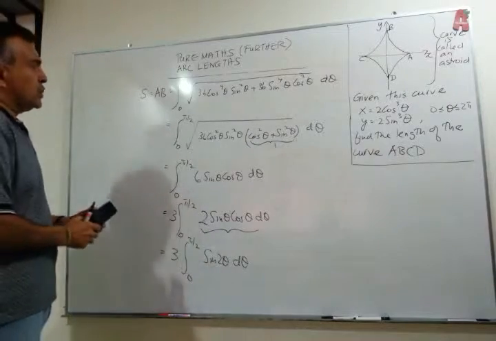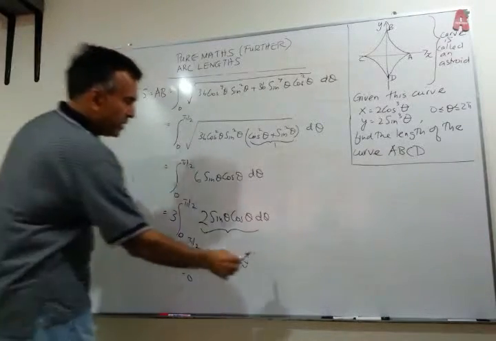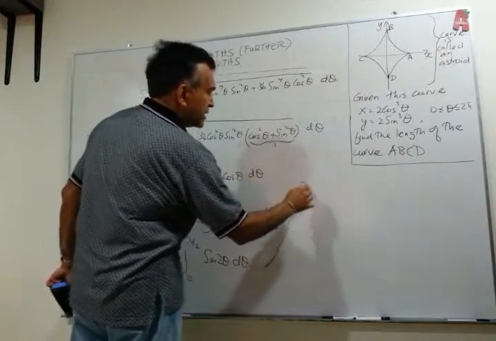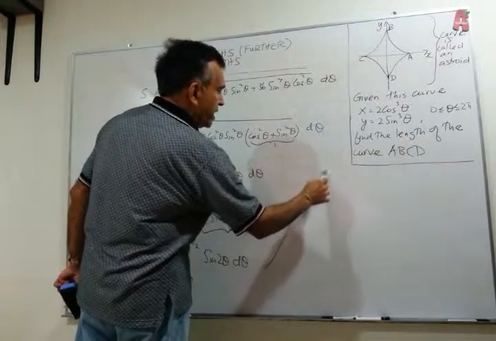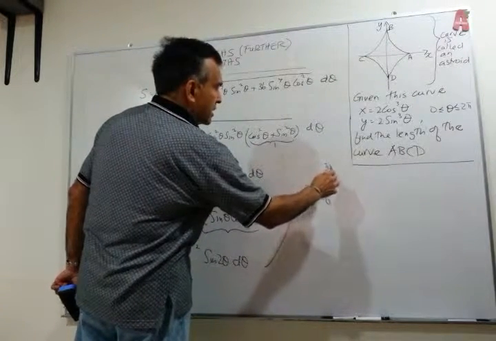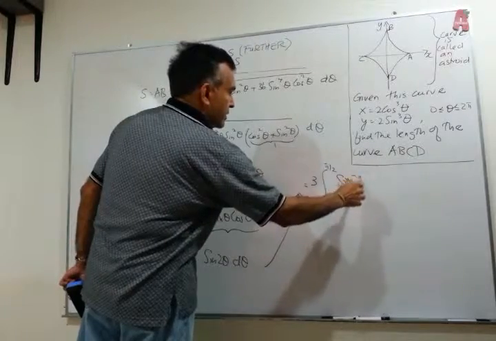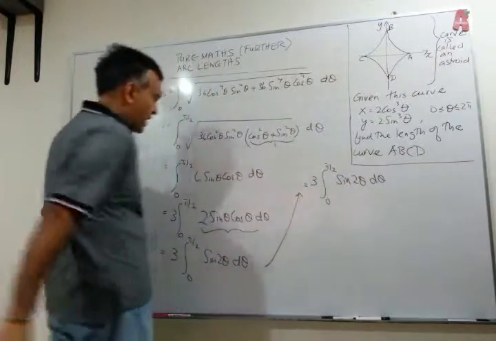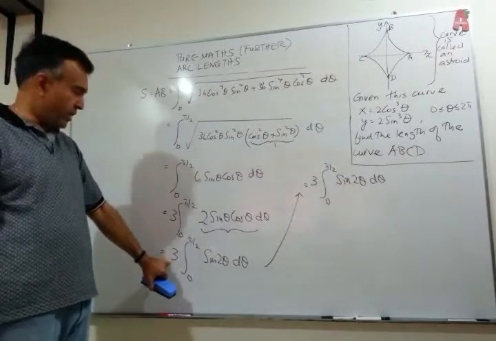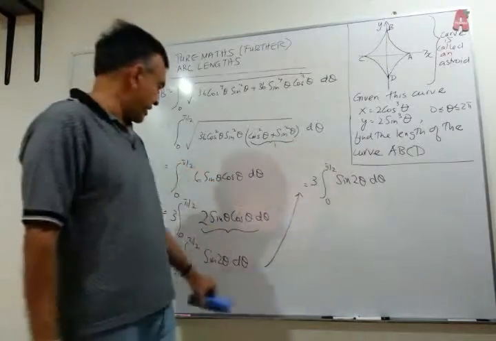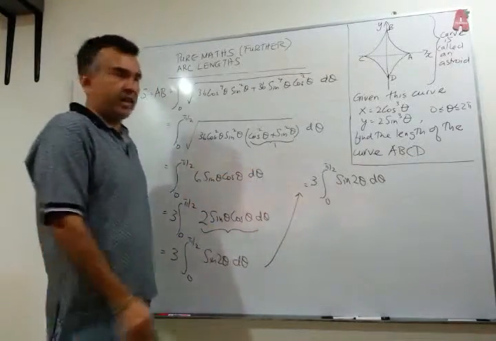Let's bring this up here. We have 3, and don't forget there's a 3 here, and we have sine 2 theta d theta.